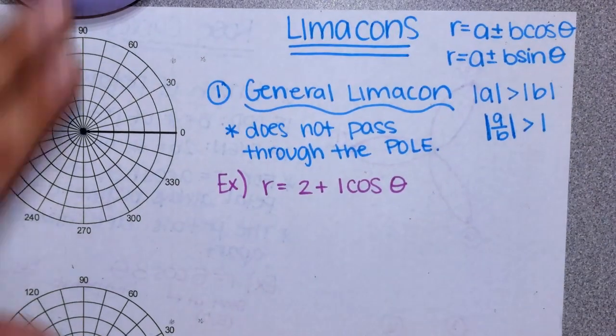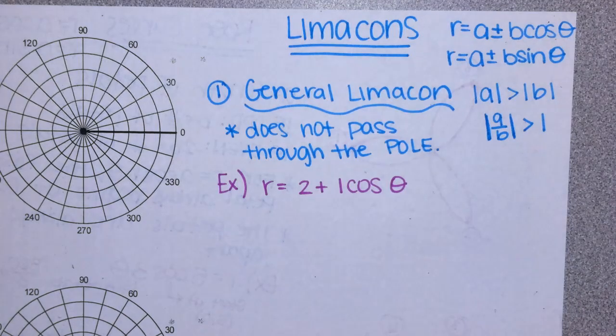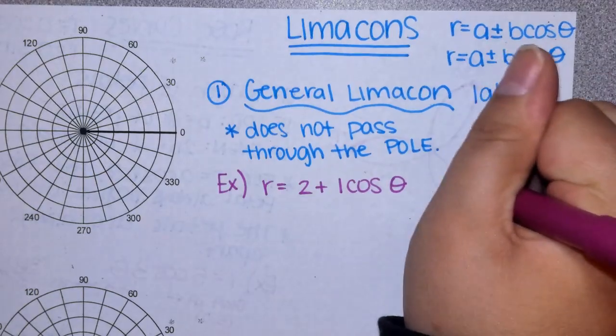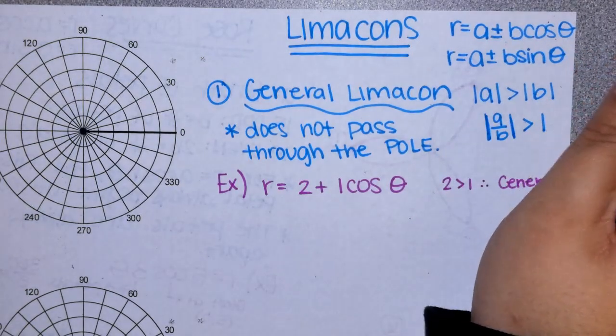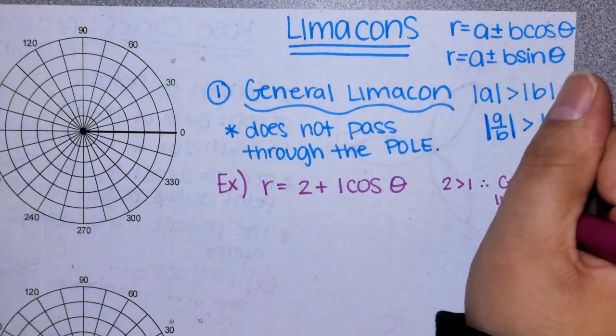The example we are going to graph is r equals 2 plus 1 cosine of theta. Now, what do we notice about these numbers? 2 is greater than 1, therefore it is a general limacon.